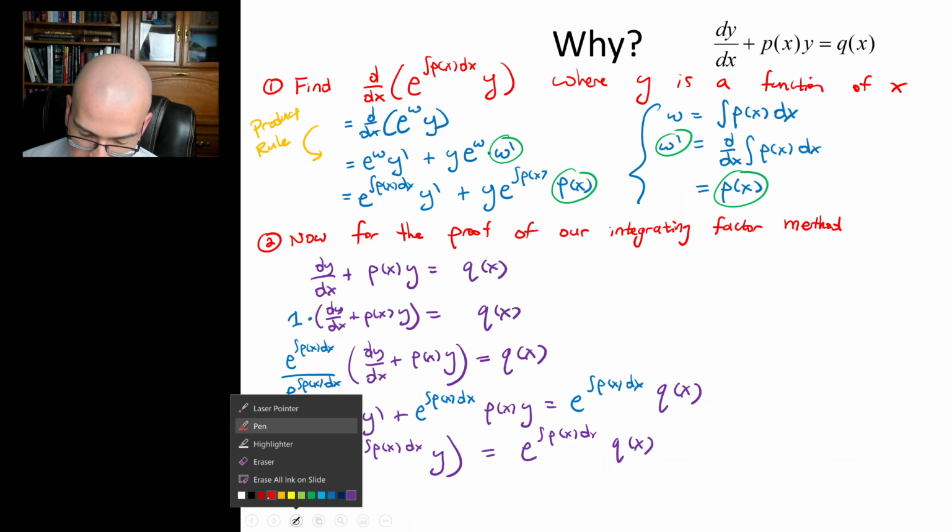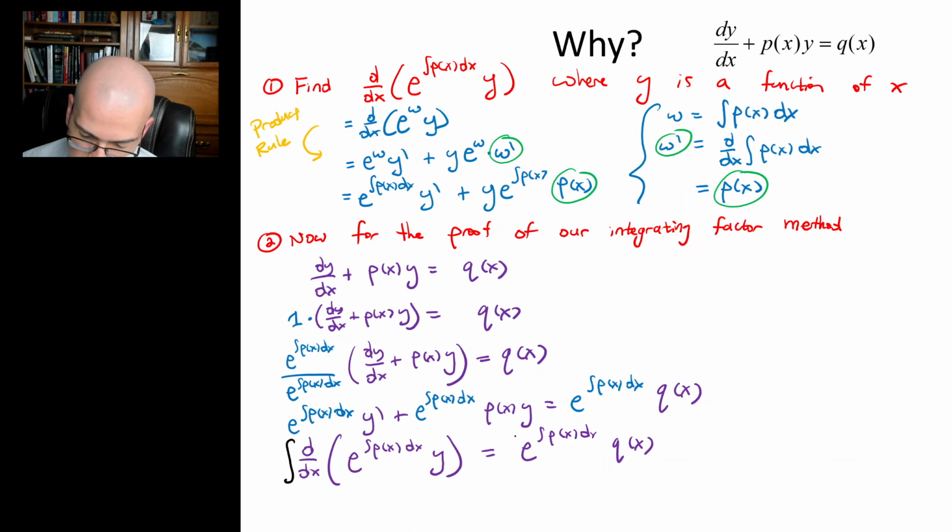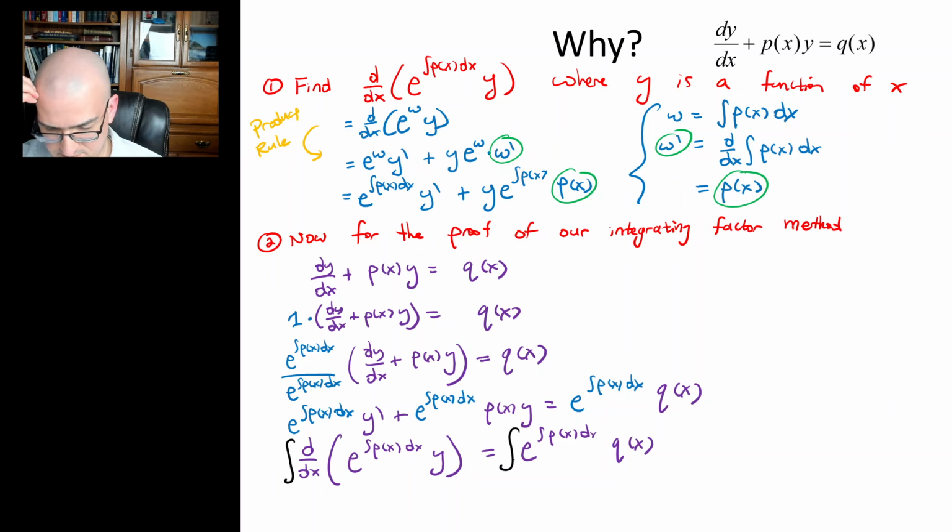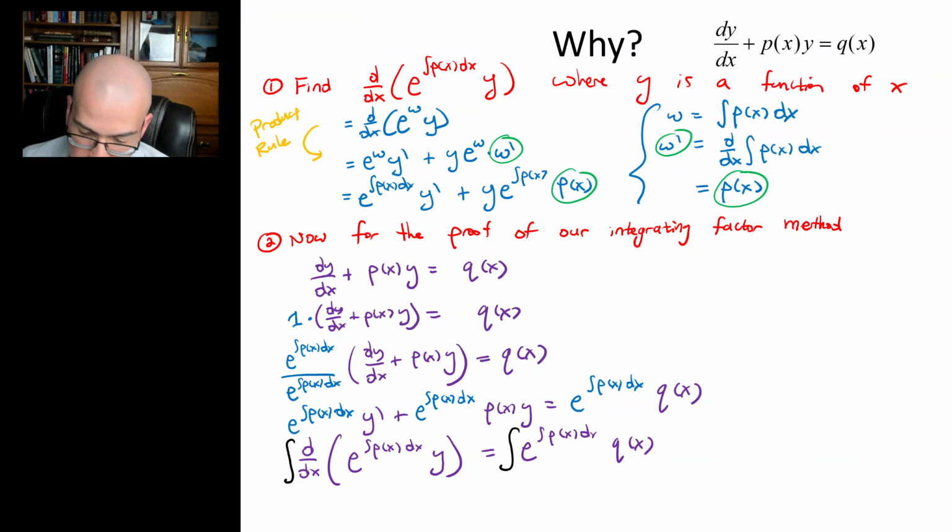I'm going to integrate both sides. I'm taking the derivative, and then I'm taking the antiderivative afterwards. Oh, and I should integrate with respect to x. My apologies. Forgot. But whenever we add an integral sign, we have to make sure there's a differential there as well.